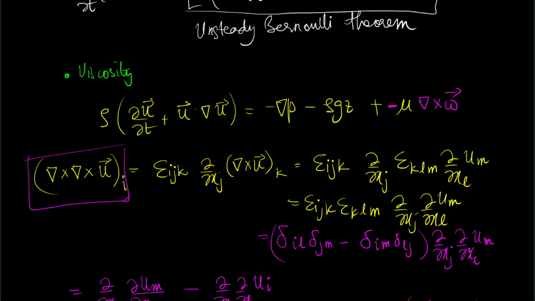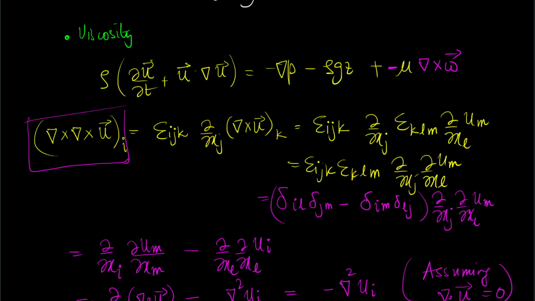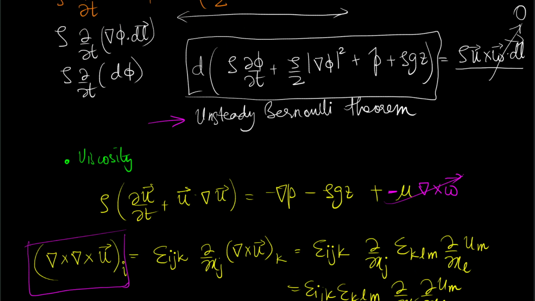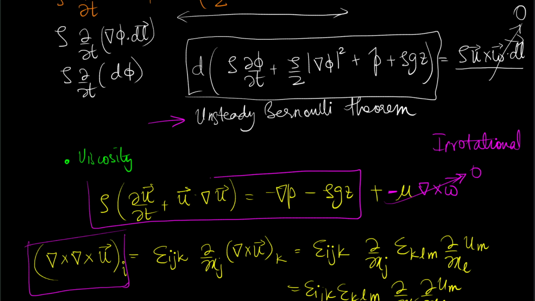And if we go back to the assumption behind the unsteady Bernoulli equation, if the flow is irrotational, then this particular term also vanishes for irrotational flow. And if this particular term vanishes, we get back the Euler equations and we know the rest of the steps to go from the Euler equation to the unsteady Bernoulli equation.